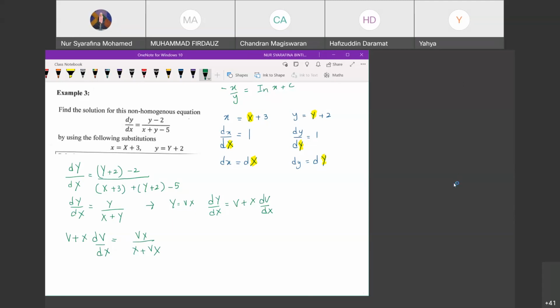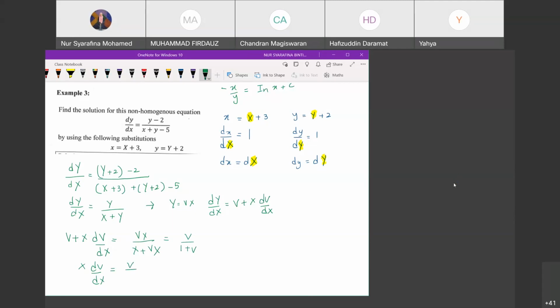x dv/dx equals, this one x, this one x, this one x. So this one can be simplified, v over 1 plus v, right?